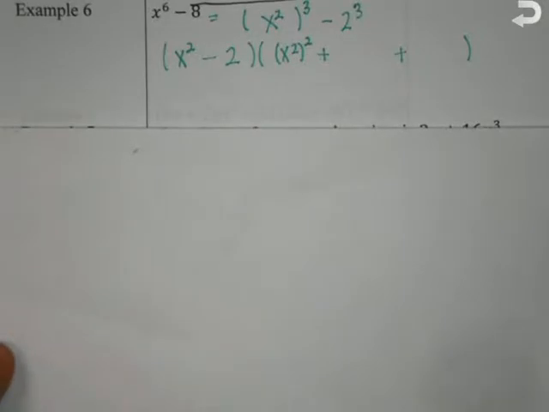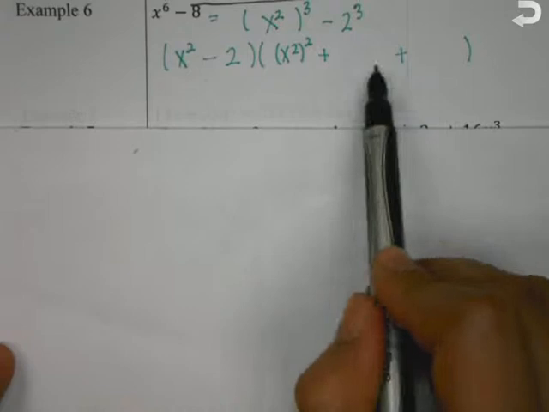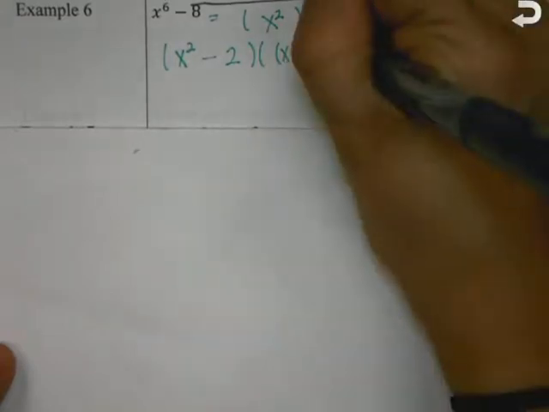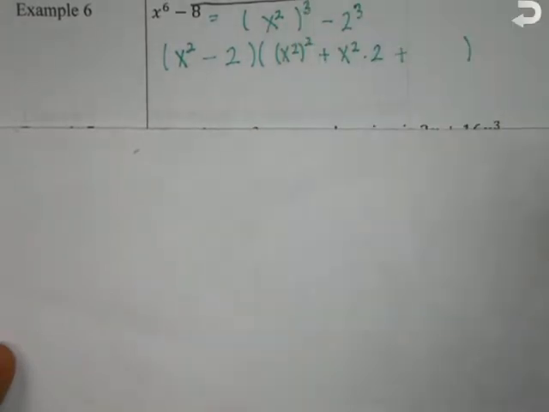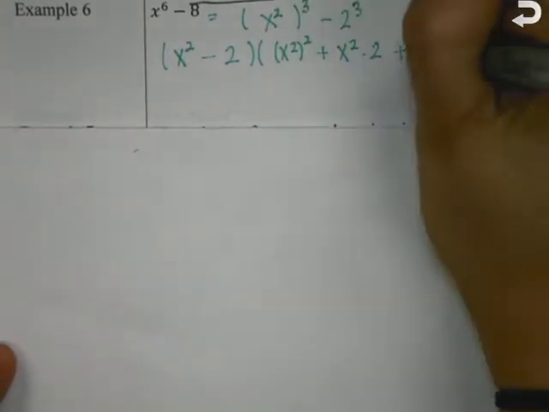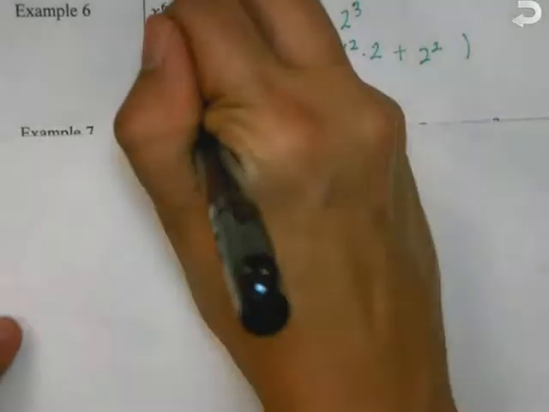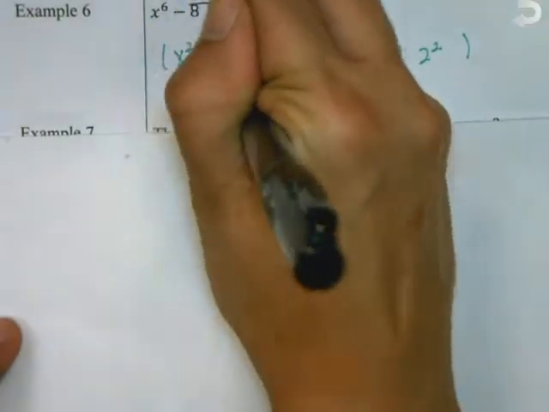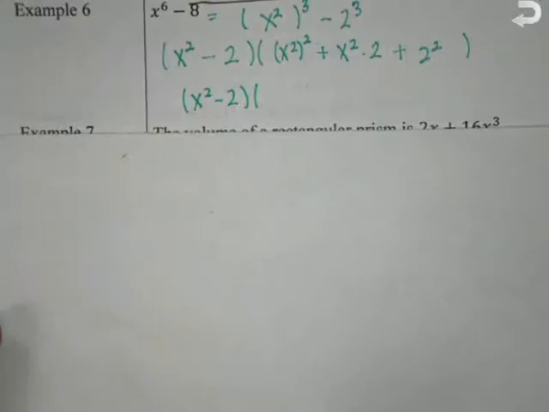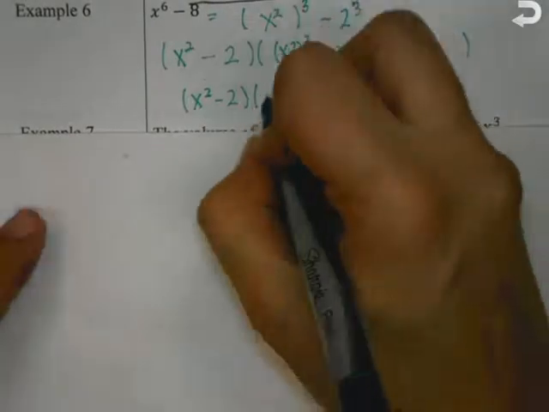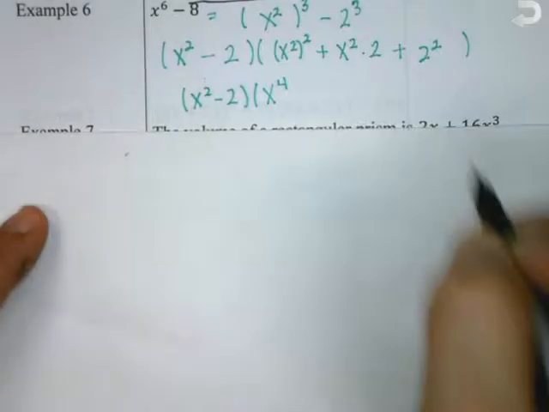And our last one is 2 squared. So simplify it. That gives us x squared minus 2. What's x squared squared? x to the 4th plus x squared times 2, 2x squared plus 4. There you go.